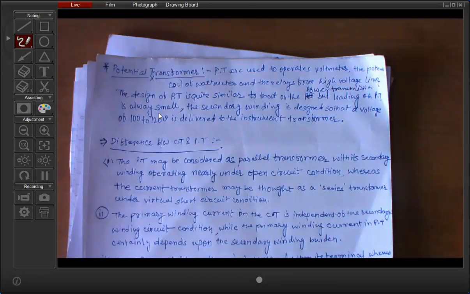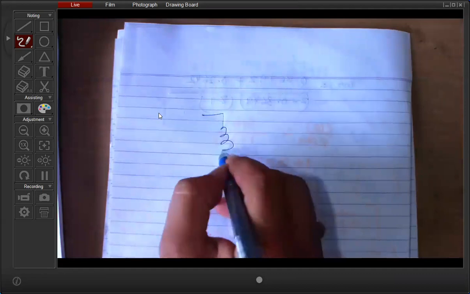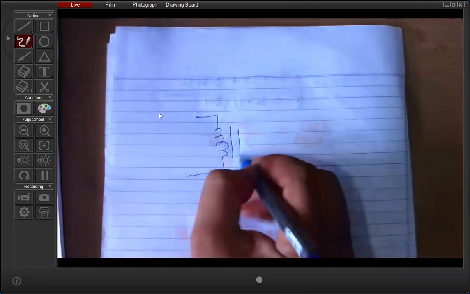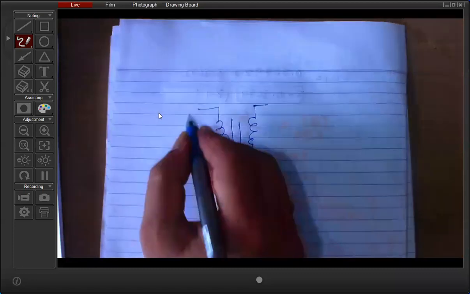because in a potential transformer, that means PT, what is the load across the potential transformer? Suppose you have one potential transformer, called PT, used for measurement.